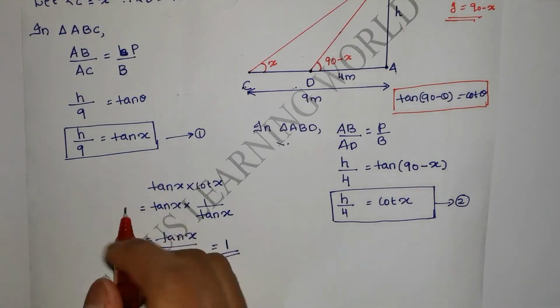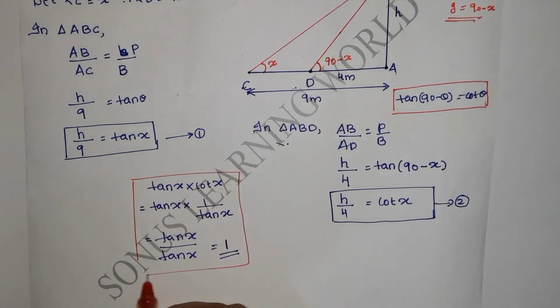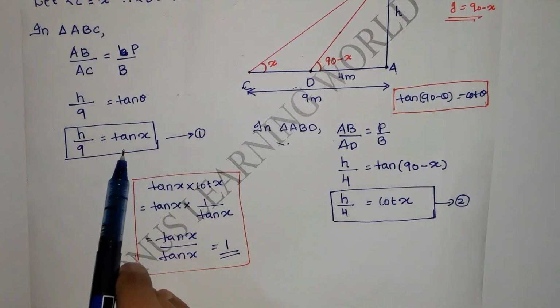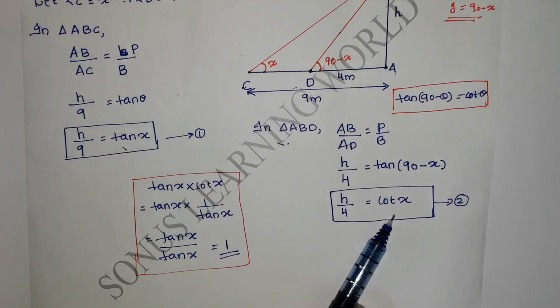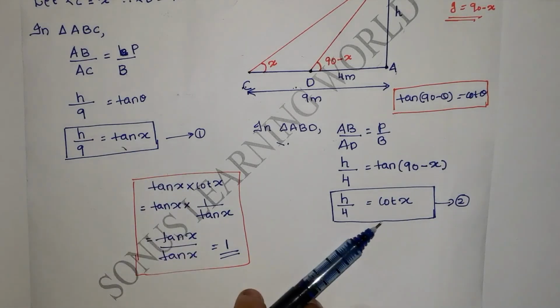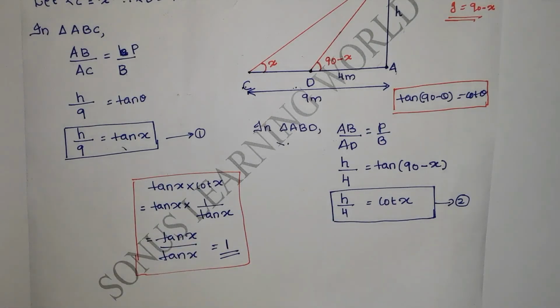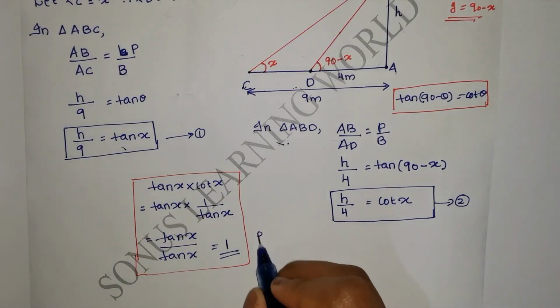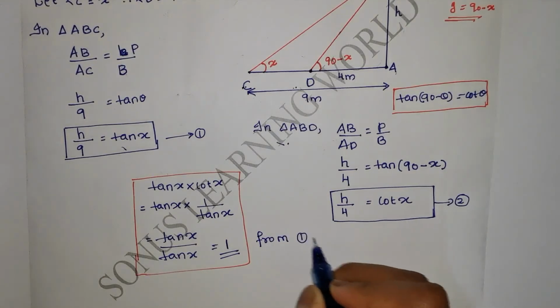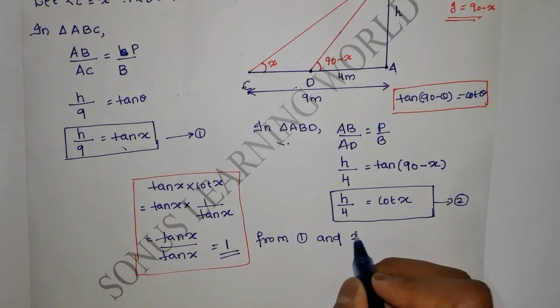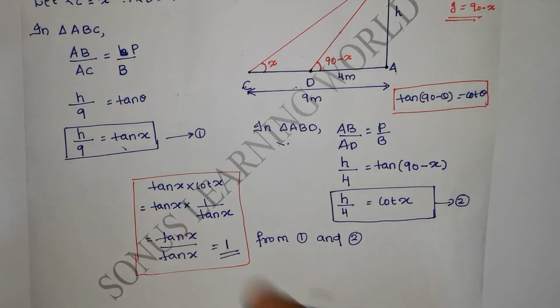In the first equation we have tan x, and in the second equation we have cot x. So if we multiply these two equations, the right hand side will become 1. That is a proper way to solve equations 1 and 2 to find the value of H. So from 1 and 2, I am going to multiply.